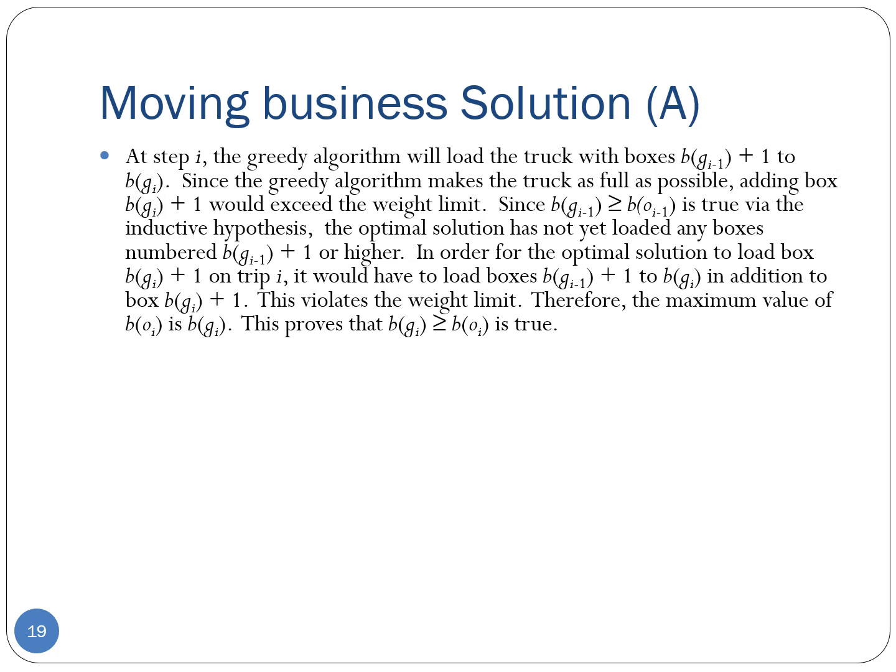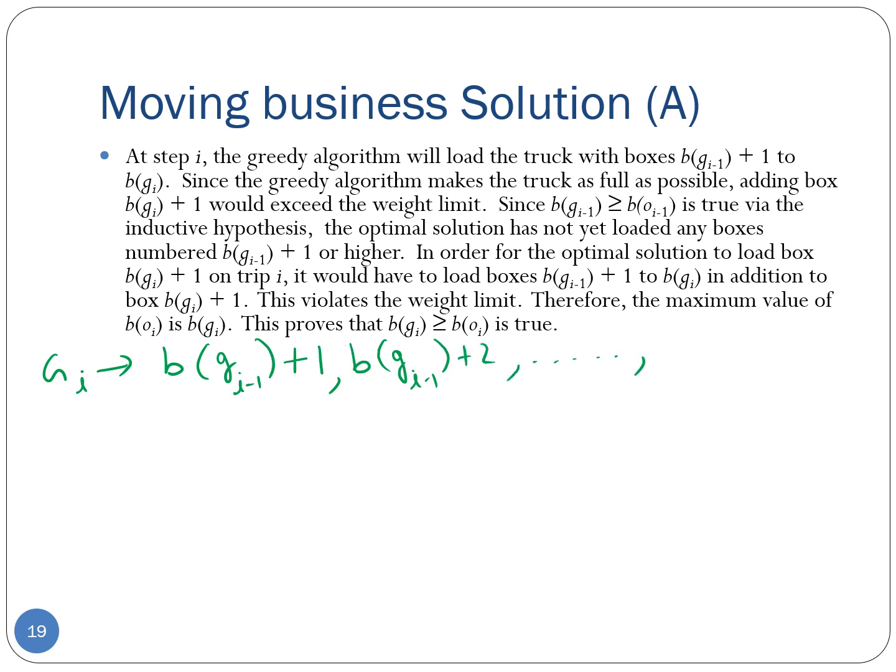So let's think what the greedy algorithm will do in the ith trip, right? In the previous iteration, that is the i minus 1th trip, the greedy algorithm has already sent boxes up to b of gi minus 1. These many boxes, up to this number, the greedy algorithm has already sent. So in this ith trip, it will start sending boxes from b of gi minus 1 plus 1, and then it will next send b of gi minus 1 plus 2 and so on.